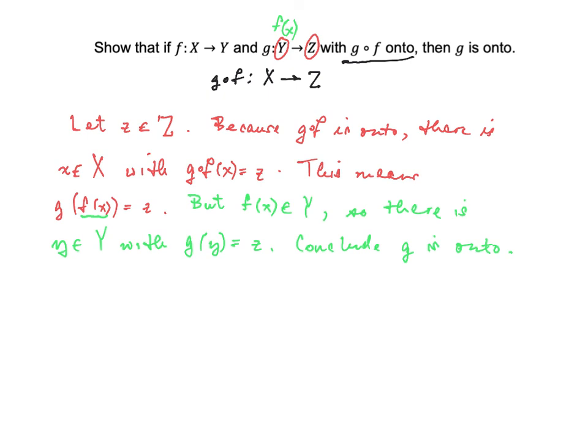Okay, something a little bit interesting about this example is that you can have this situation in place, right, where g circle f is onto. That means that g must be onto. But it turns out that f does not need to be onto. And to see that, let's suppose we have sets X, Y, and Z, where X consists of two objects, Y consists of two objects, and Z consists of a single object.